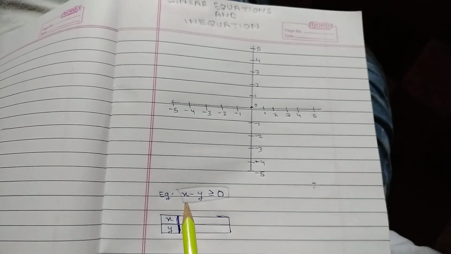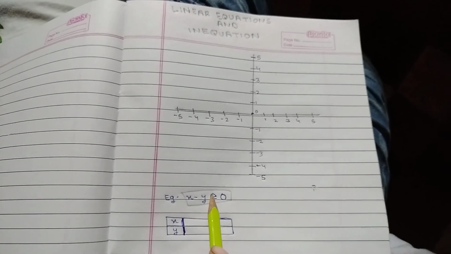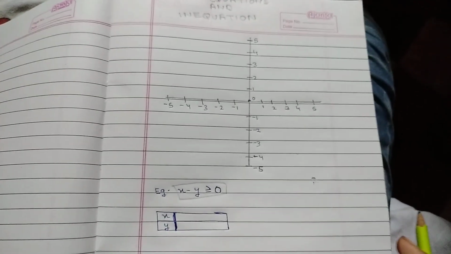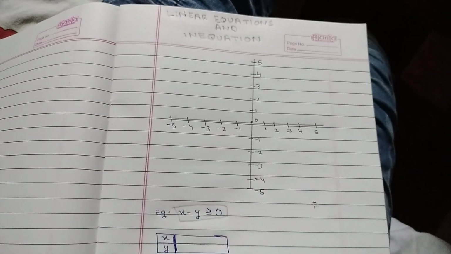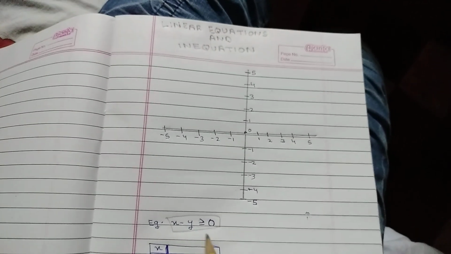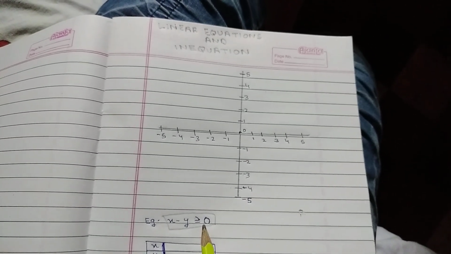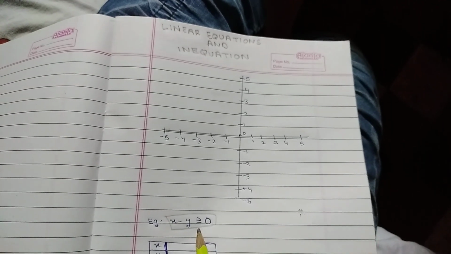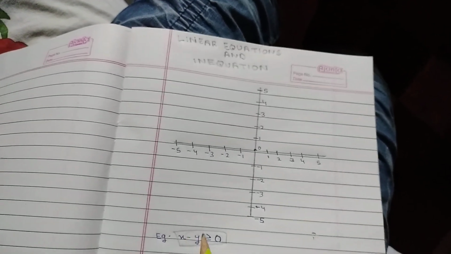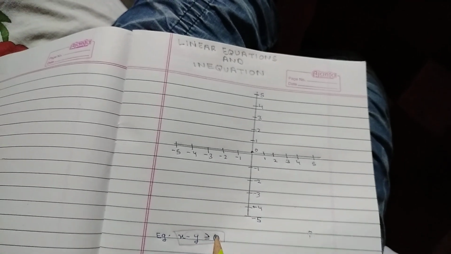And the example is x minus y is more than or equal to 0. So we will see how we can represent an equation like this on graph. This is an inequation because it states that x minus y is more than 0.